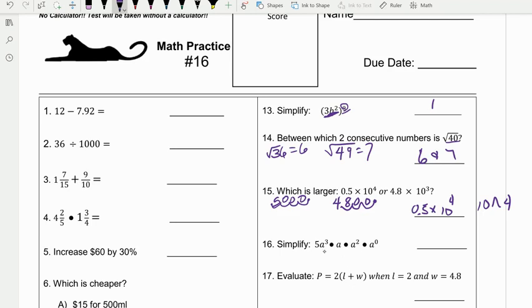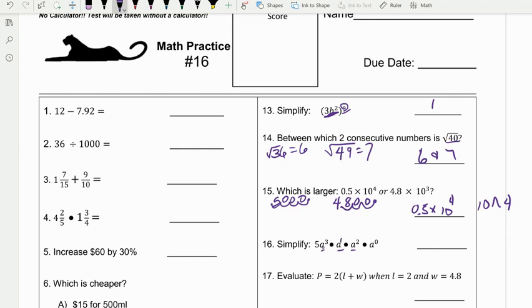Number 16, we're just combining like terms here, or in this case, multiplying. And remember when we're multiplying and the base is the same, so they're all A's, we add the exponents, right? So on this second A, this is implied to be a 1.